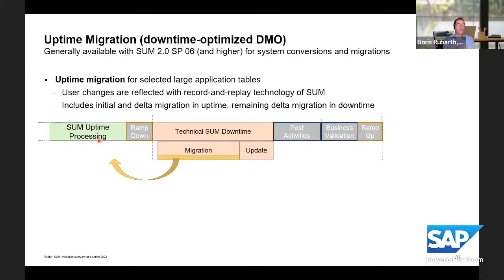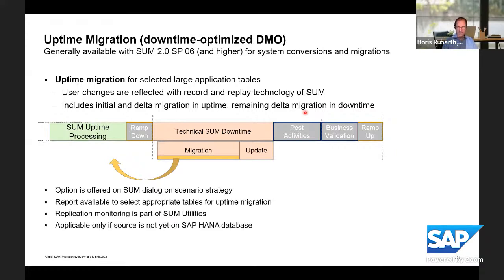So how about those changes on tables that have already been migrated? Well, it's reflected by the Software Update Manager. It has its own technology to replay those changes by the end users. And this is done by an initial data migration in uptime, and the remaining delta is migrated in the downtime. So that's an option.